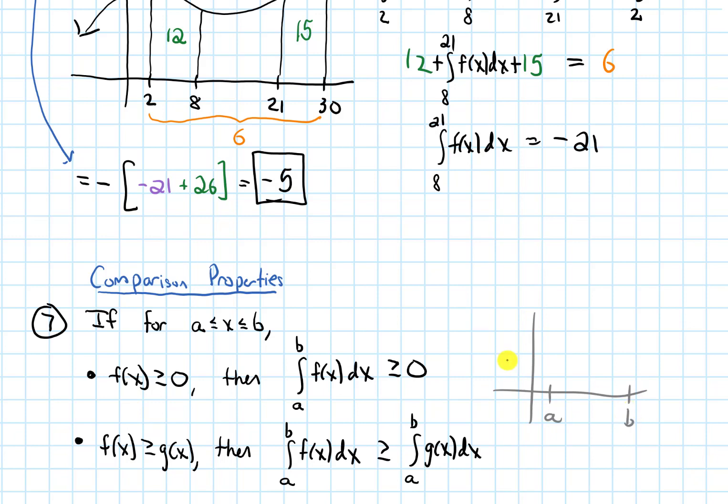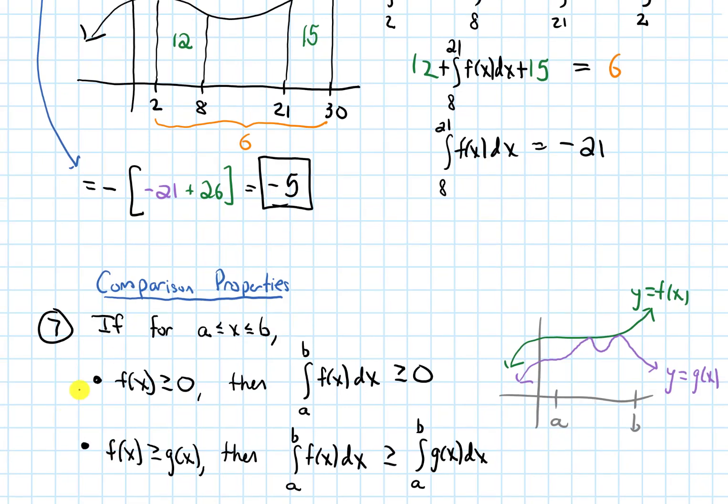If I have my interval from a to b, the graph of f of x is the higher one than the graph of g of x. So g of x could be less than this or maybe equal to it at a couple of points. It's never going to be greater than f of x on this interval. So if that's happening, then the area under that f of x graph is going to be greater than or equal to the area under that g of x graph. That's what the second portion says.